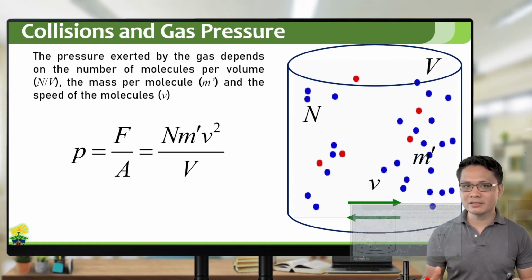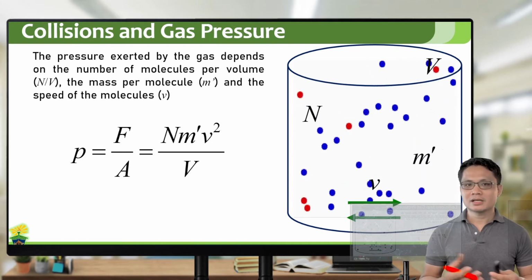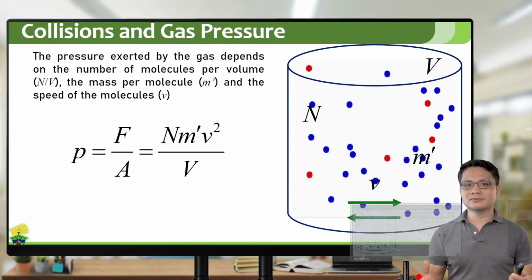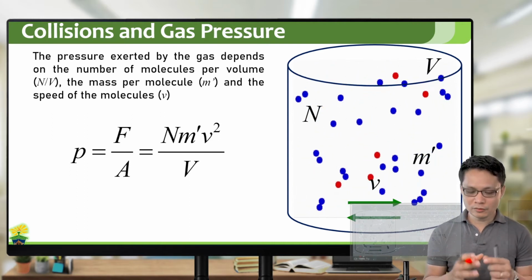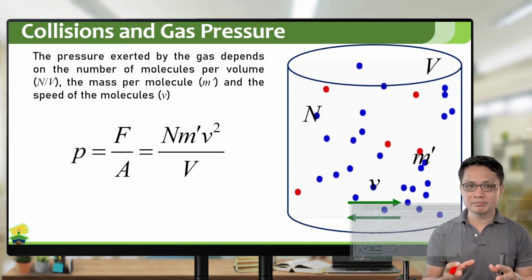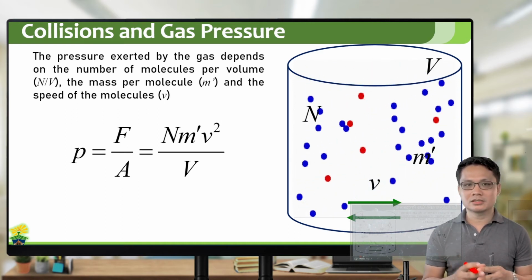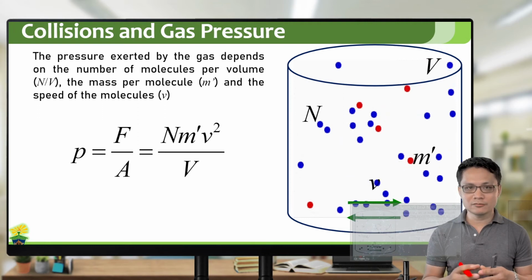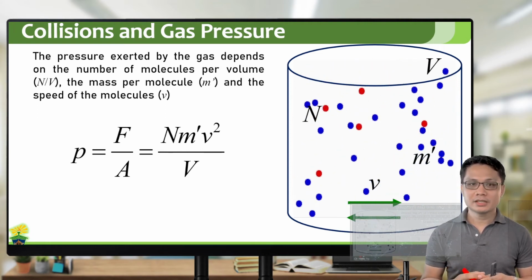If we have higher velocities, we will have higher pressure. If we have a small volume, considering the same number of particles and the same speed, then of course the pressure would be higher.